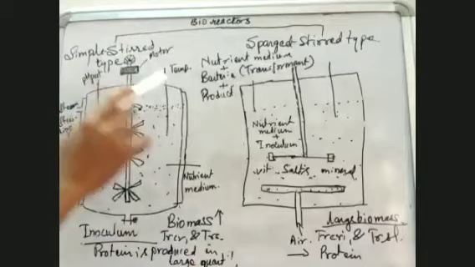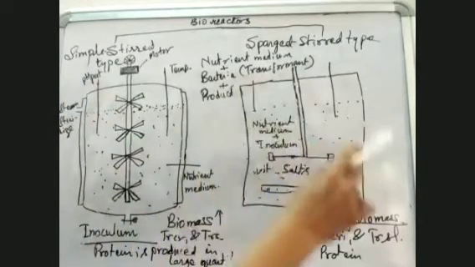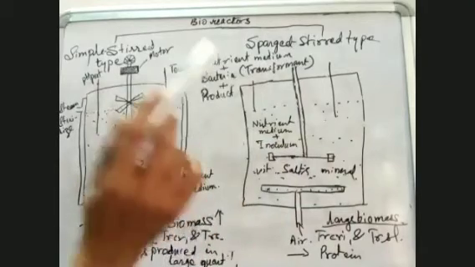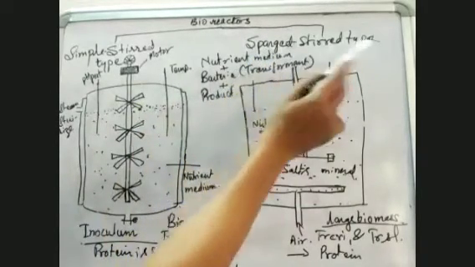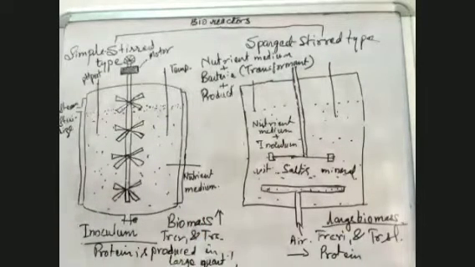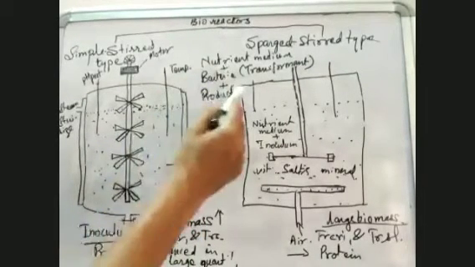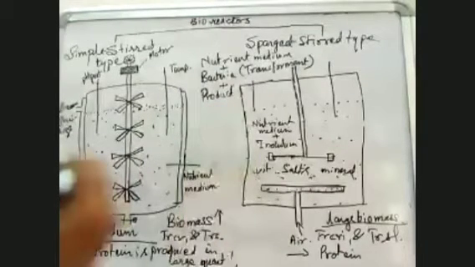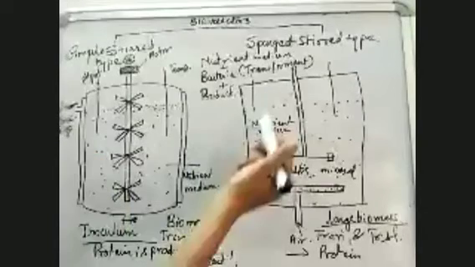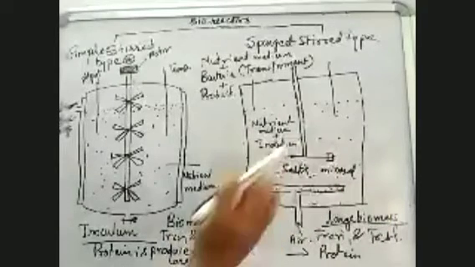So yesterday I told you about the simple stirred type, and the second one was the sparge stirred type. I told you that in the sparge stirred type of bioreactor, we have a rectangular tank, and in the center of the tank we have a sparger. The air which enters is under high pressure, so bubbles are made, and these bubbles enter the water, and many bubbles are created.